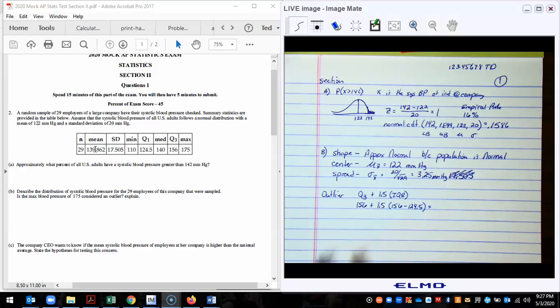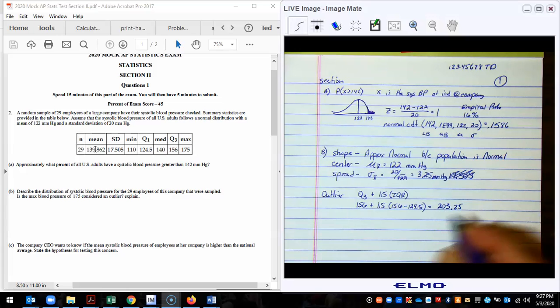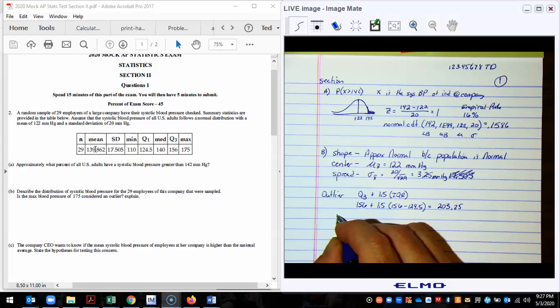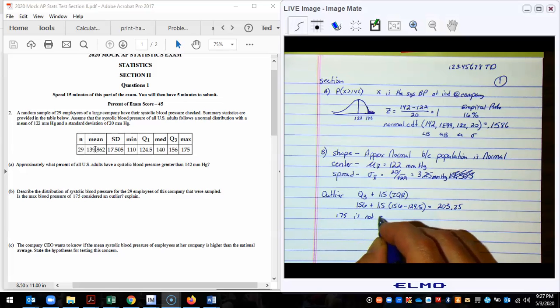So we're going to calculate that, and I didn't do it, so sorry. I was supposed to do that earlier and forgot. 203.25. So the answer to the question is the max, which is 175, is not an outlier.